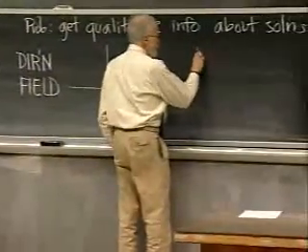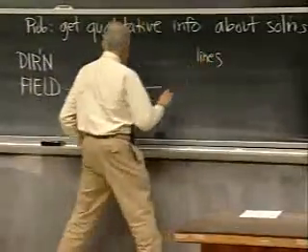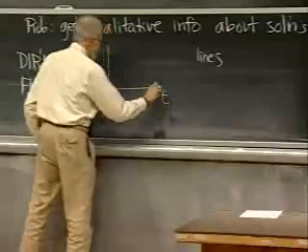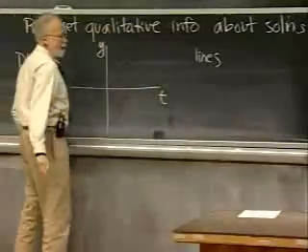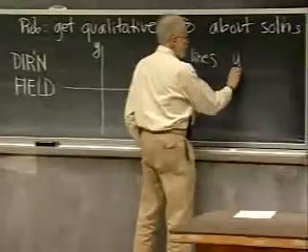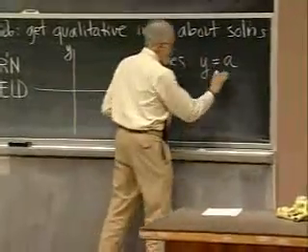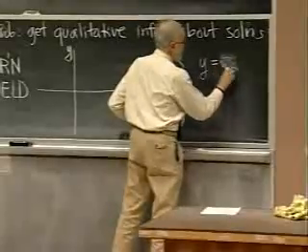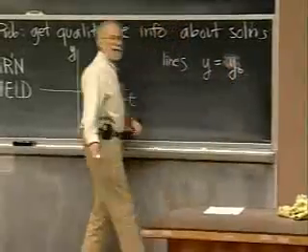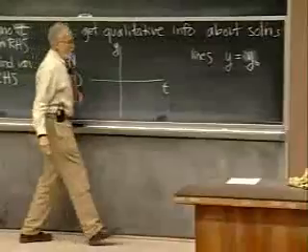So the horizontal lines, and what are their equations? This is the t-axis, and here's the y-axis. The horizontal lines have the formula y equals a constant. Let's make it y equals y0, for different values of the constant y0. Those are the horizontal lines.